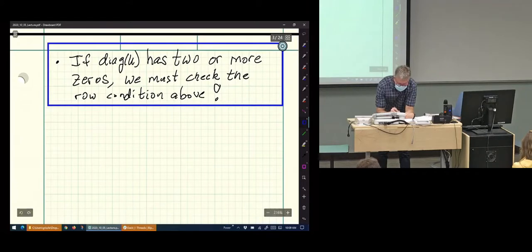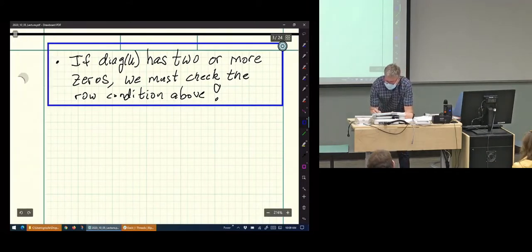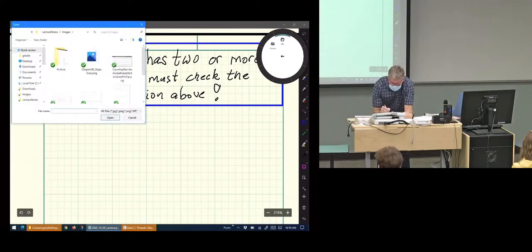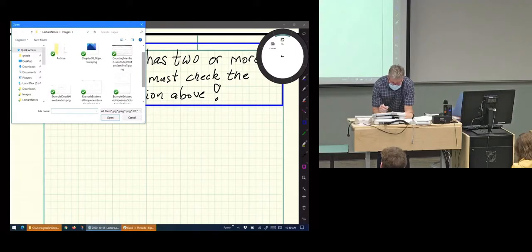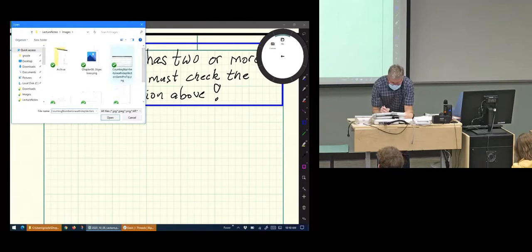So I'm going to call this next thing our semi-pro tip. It's in the book.